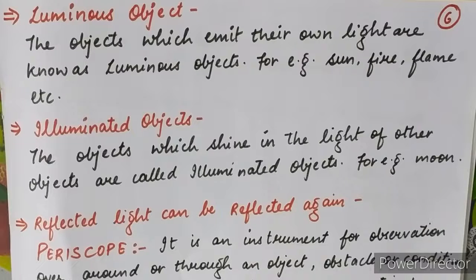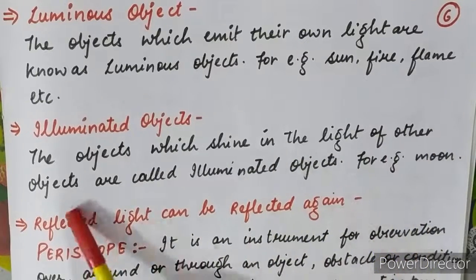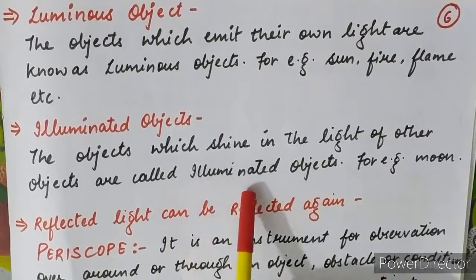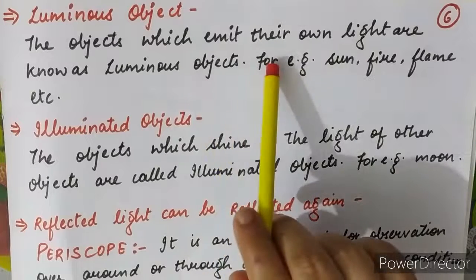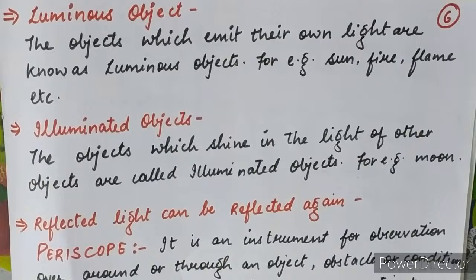They shine due to the light carried by other objects. So the objects which shine in the light of other objects are called illuminated objects. They are also known as non-luminous objects.